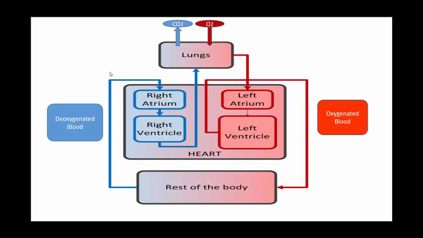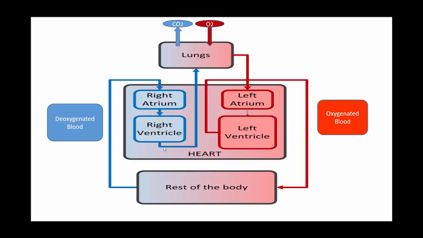So now how can we use the three principles in simplistically teaching our naive learners. Deoxygenated blood from the rest of the body enters into the right atrium. From the right atrium blood enters into the right ventricle.